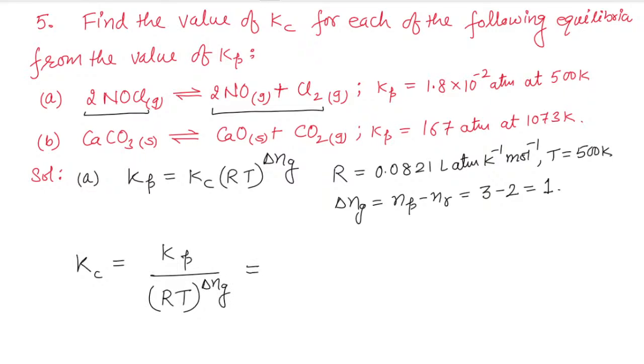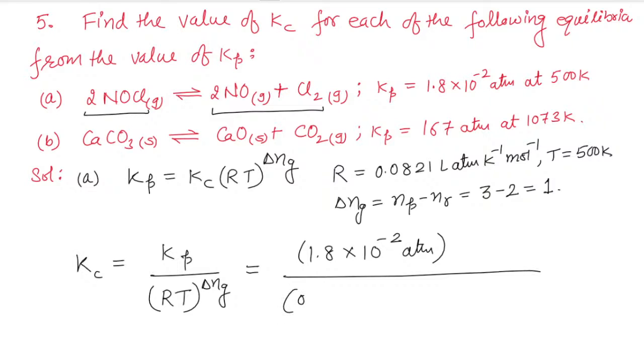Now Kp is given to you, value is 1.8 into 10 raised to power minus 2 atmosphere, divided by 0.0821 liter atmosphere per Kelvin per mole into 500 Kelvin, okay, and raised to power 1 only, because delta Ng is 1.